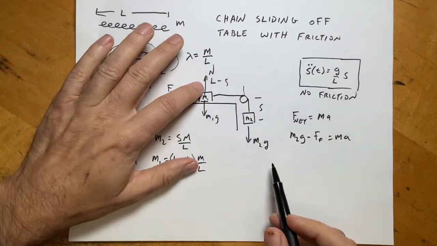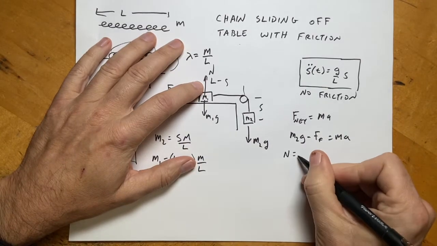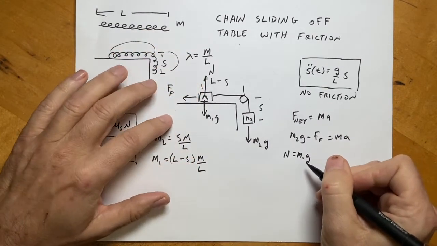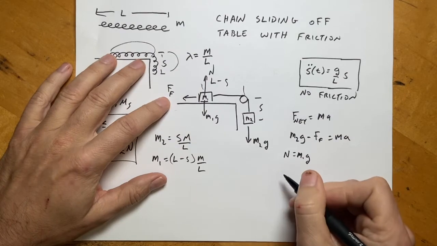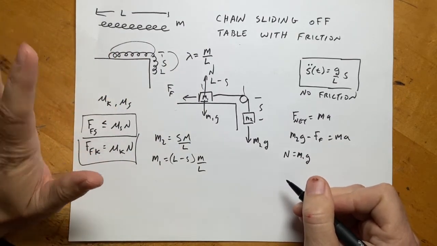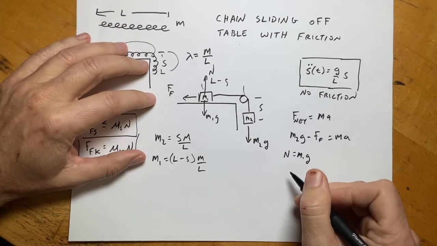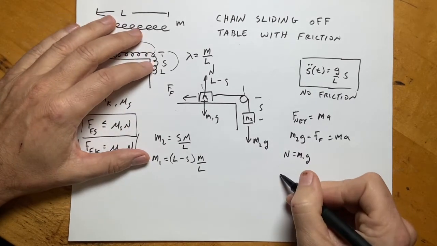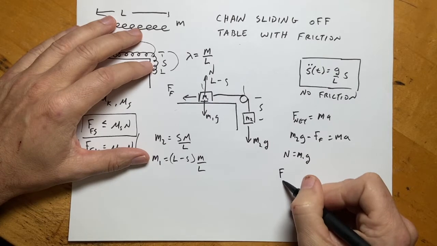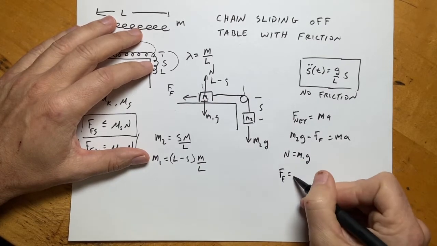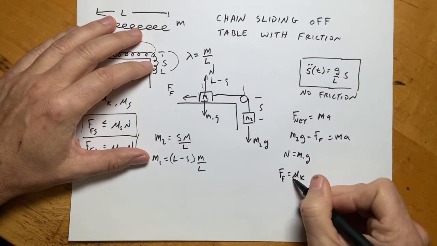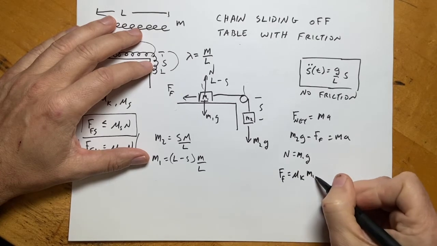So the normal force N is equal to m1g. I'm assuming it's sliding right now, and I'll get to what we have to do to make it slide in just a second. Let's assume it's already sliding. Then the friction force F friction is equal to mu k for kinetic friction times m1g.